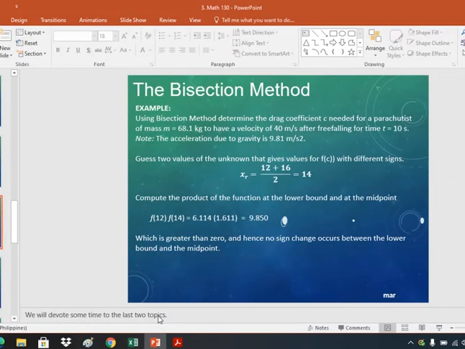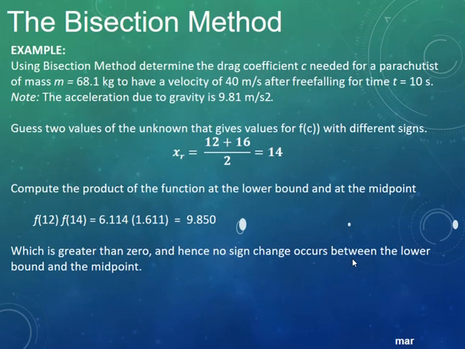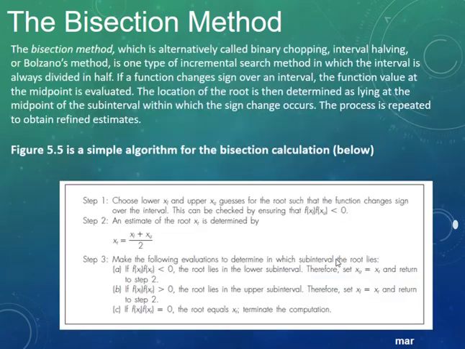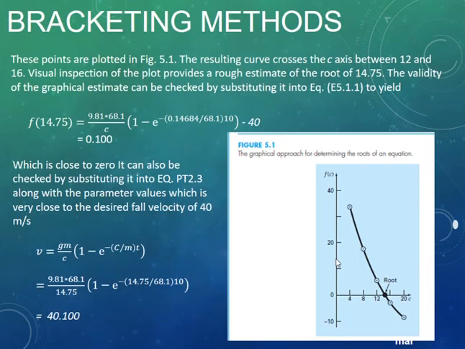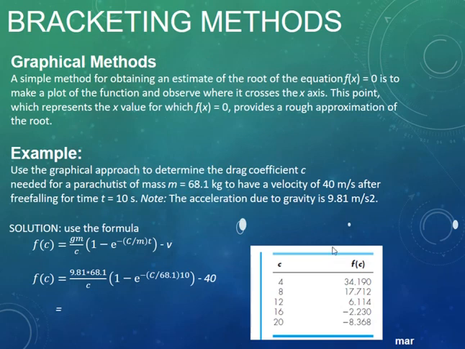Let's go back to the previous problem in the bracketing method, the graphical method. This is the formula we will use. We put the value of C as XL, which is 12. The value of C is 12. Then for the upper bound, f of 16.